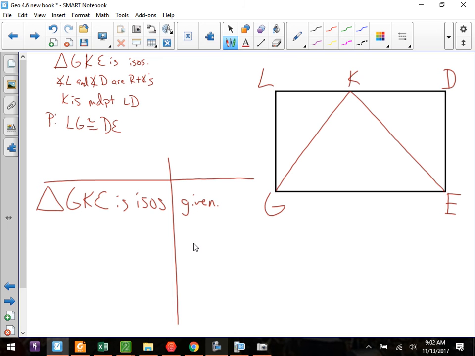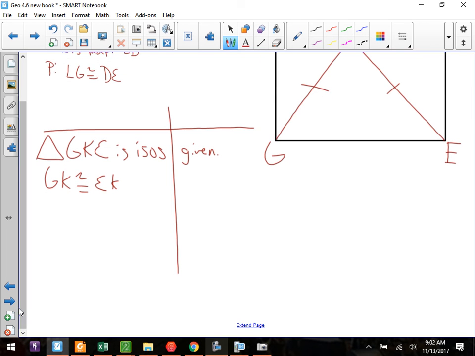That means in my diagram, I can mark it. So I would say GK is congruent to EK. What do you think my reason is? Exactly right. Definition of isosceles.